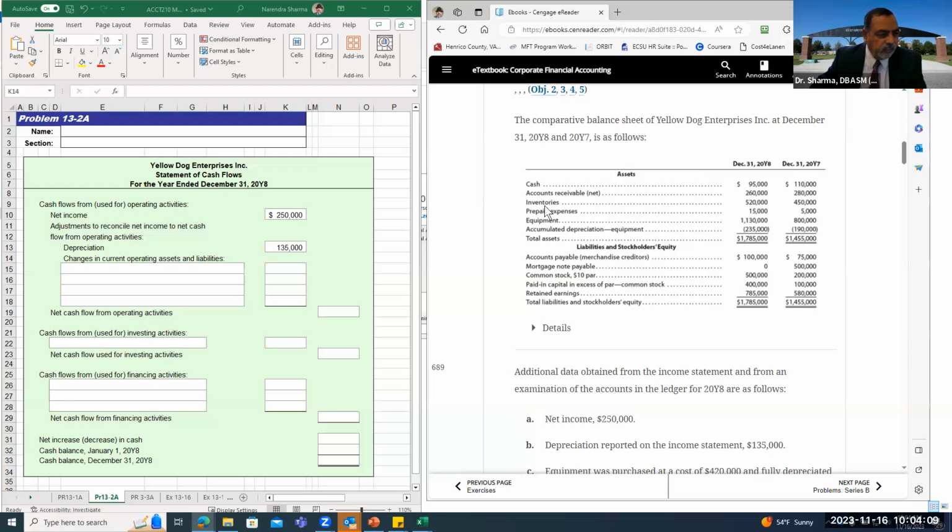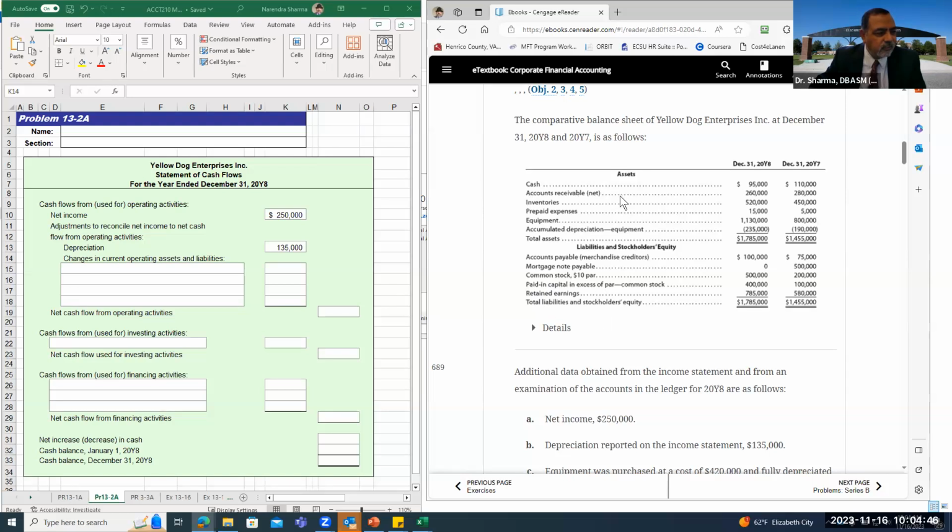Remember the rule: a decrease in current assets is added and an increase in current liabilities is added. The other way around, any increase in current assets is subtracted and a decrease in current liabilities is subtracted. Let us see what has happened.